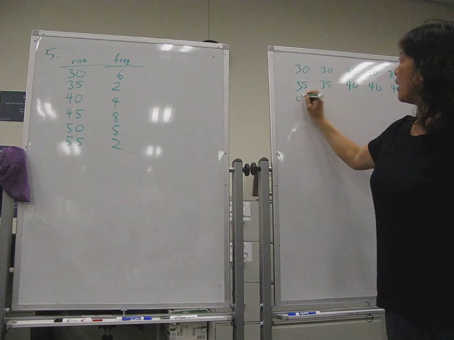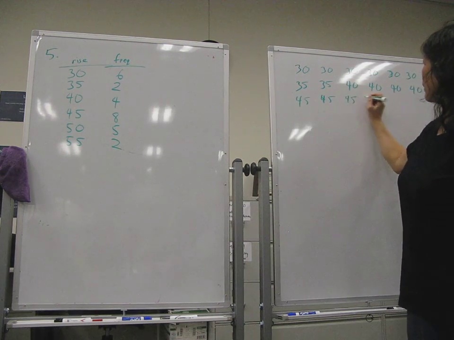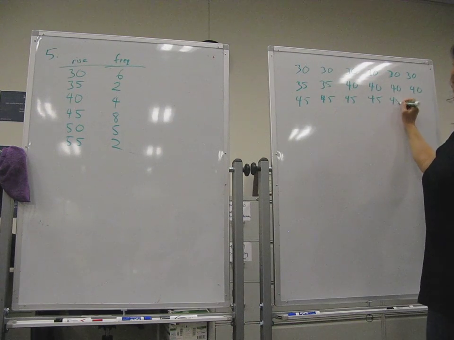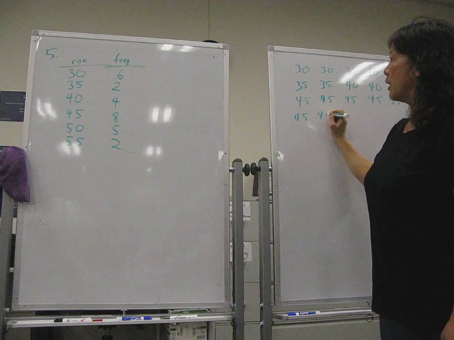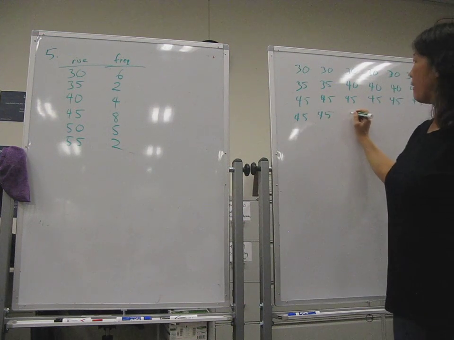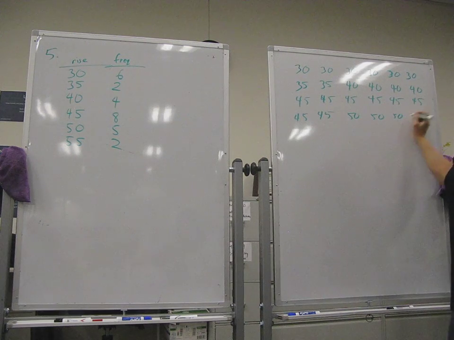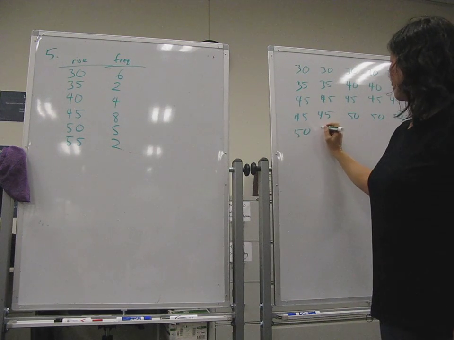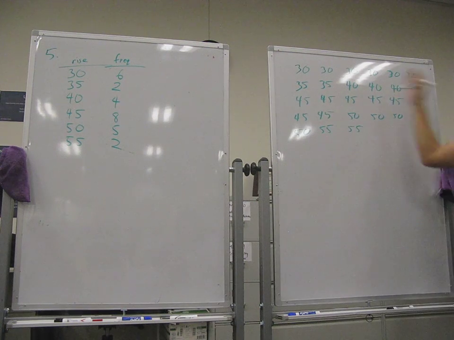I've got 8 45s. That's a lot. And 5 50s. And 2 55s. Now, I could just average these, right? Add them all up, divide by how many there are. That's my way of finding the mean.